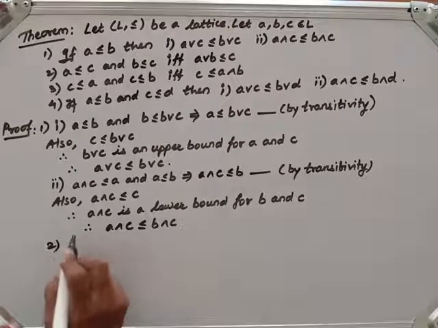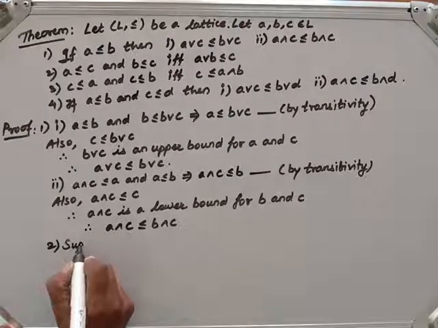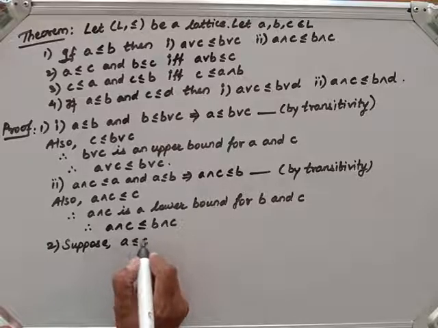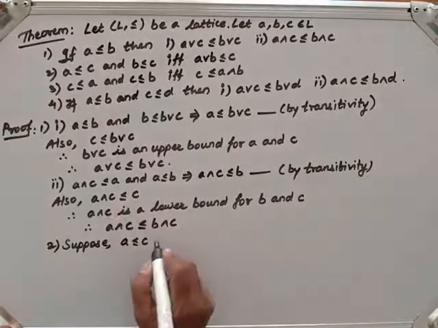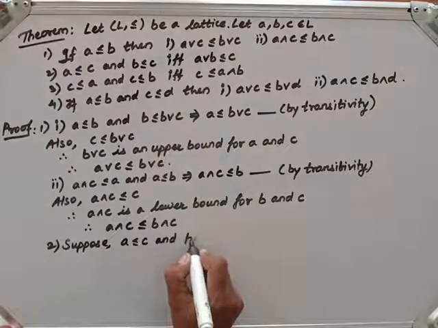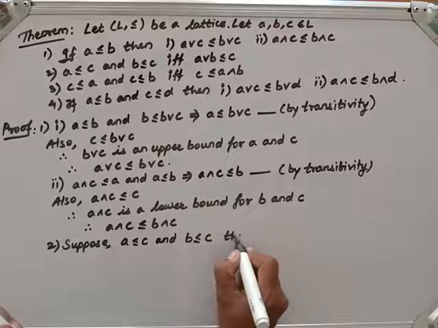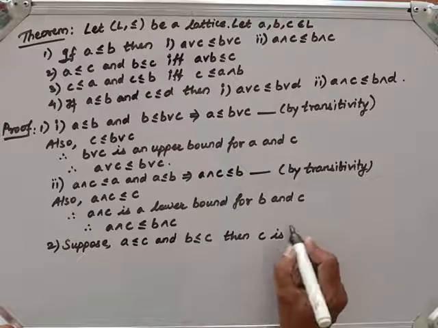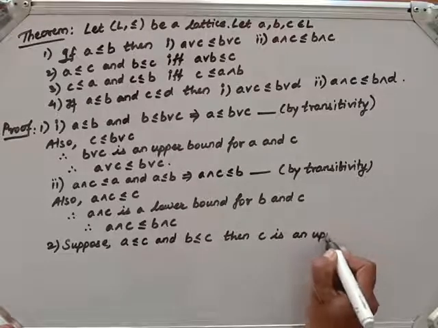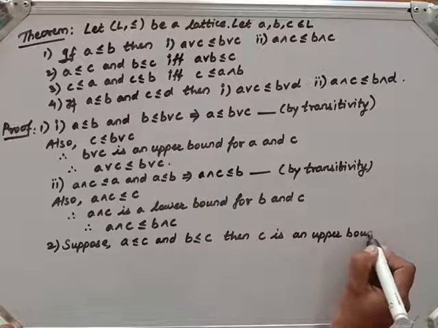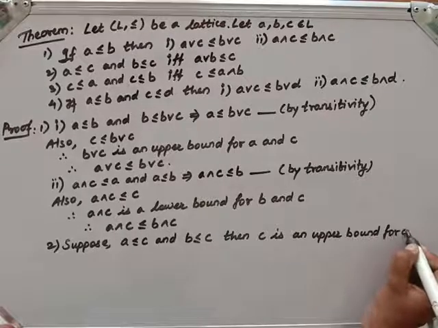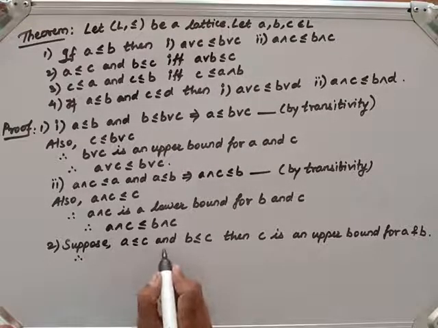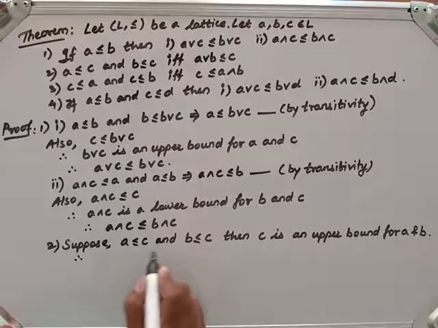Now the second one, what does the second say? Suppose A is related to C, given to us, and B is also related to C. So what does this say? Then C will become an upper bound of A and B. C is an upper bound for A and B. Therefore, what can we say?